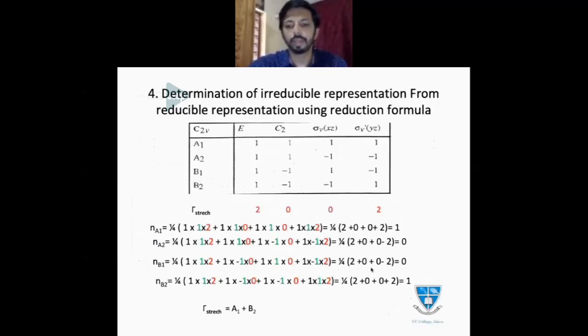Then we use the reduction formula. The number of A1 is equal to 1, A2 is 0, B1 is 0, and B2 is 1. The stretching vibration will be A1 plus B2. So in the internal coordinate method, we take only the coordinates which are changing during the vibration, and we obtain A1 and B2.